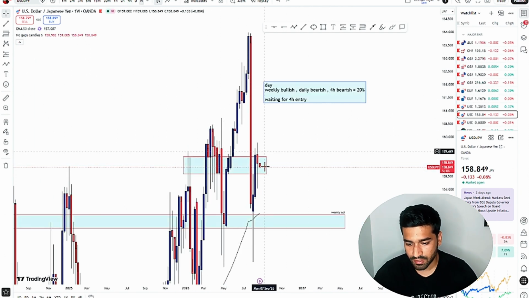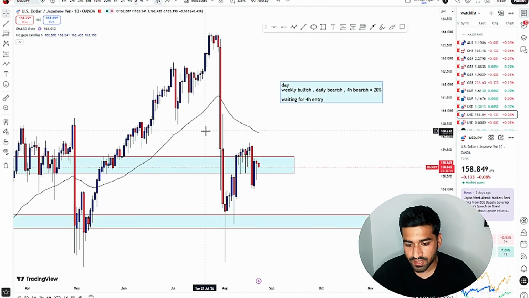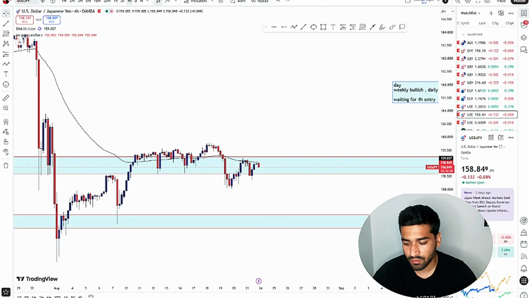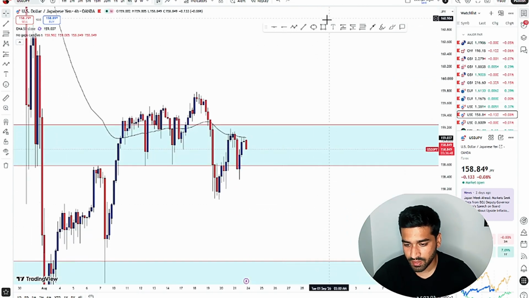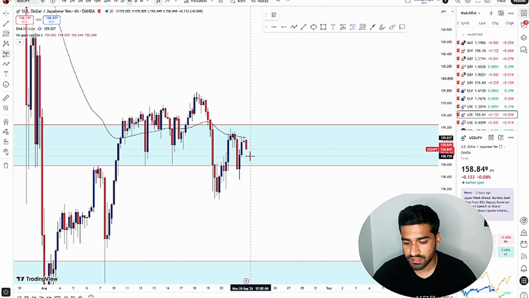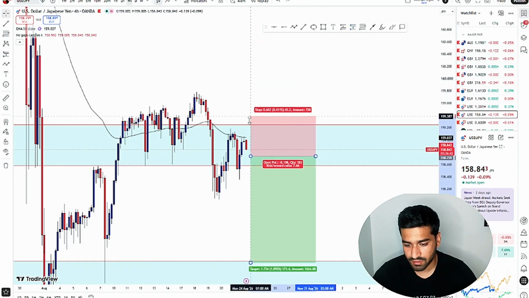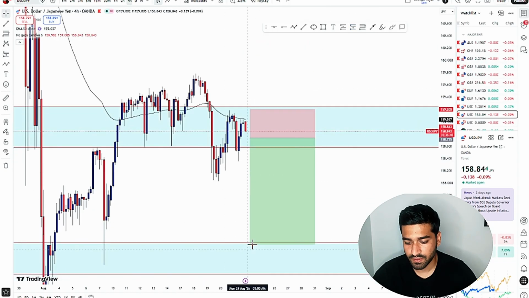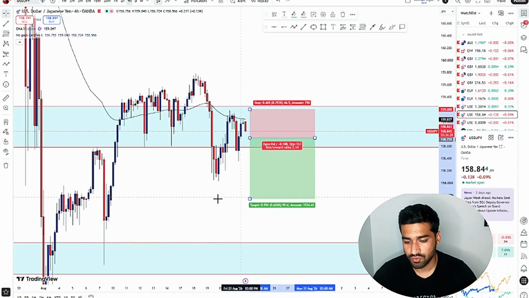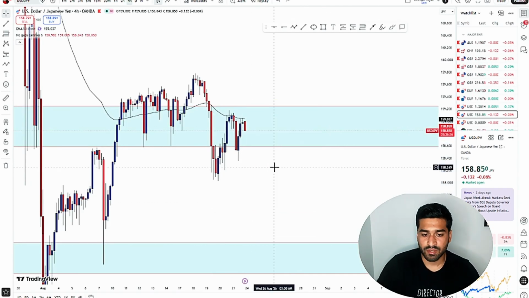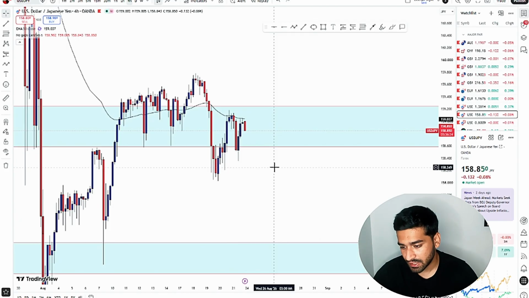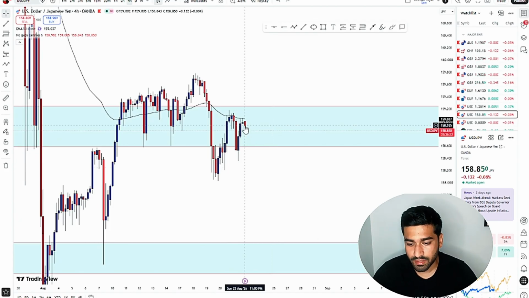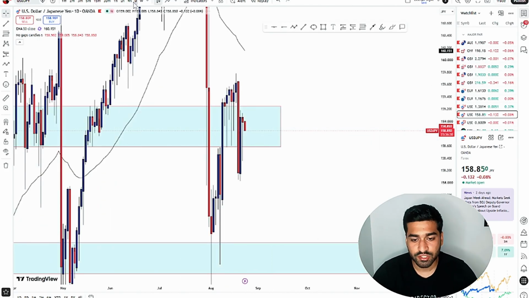USD JPY. The weekly is currently bearish. The daily is also bearish. We have this rejection candlestick and the 4 hour is also bearish. So I'm looking for this trade. If it closes under this, I will take it. My stop loss above, my take profit 1 to 2. But the problem is it's Asia session right now, the market just opened.